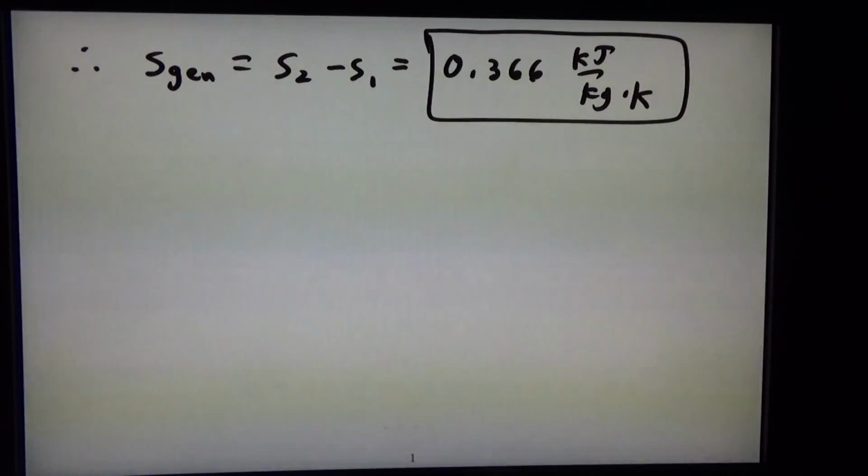So that's our value. The interpretation here: does it satisfy the second law? The entropy generated is positive, so it is greater than or equal to 0, then it does satisfy the second law because the entropy generation is positive. This device would be irreversible since entropy generation is greater than 0.